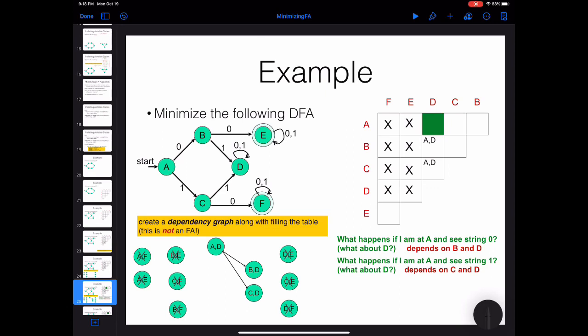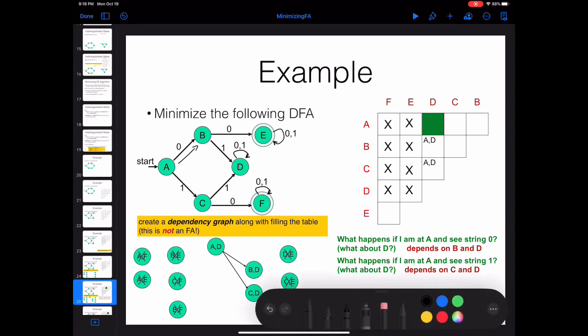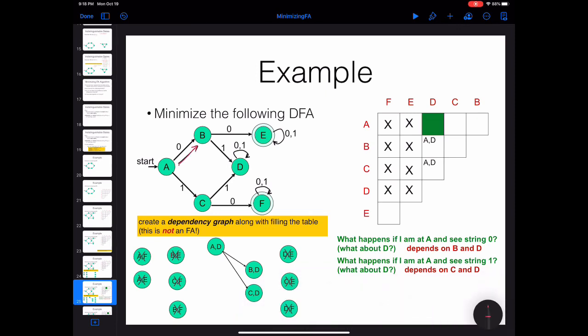From A over a 0, I am going to B. From D over a 0, I am going to the same state D. So here, the equivalency of A and D is going to depend on another pair, B and D.